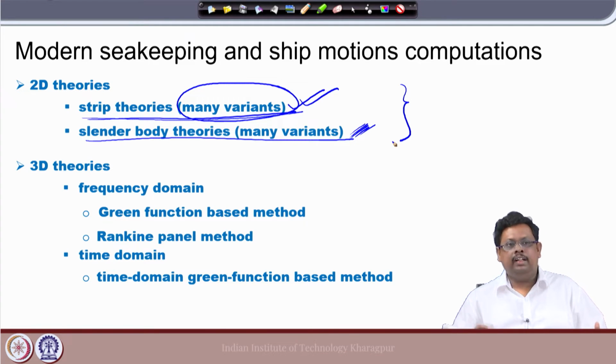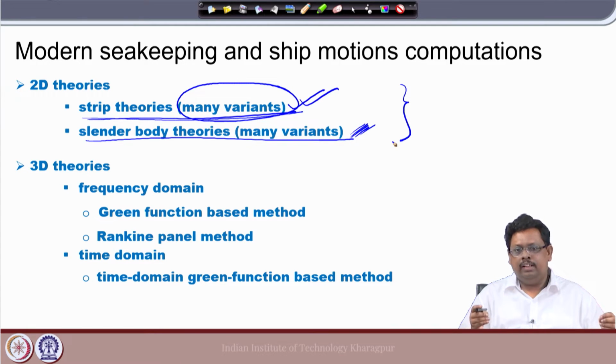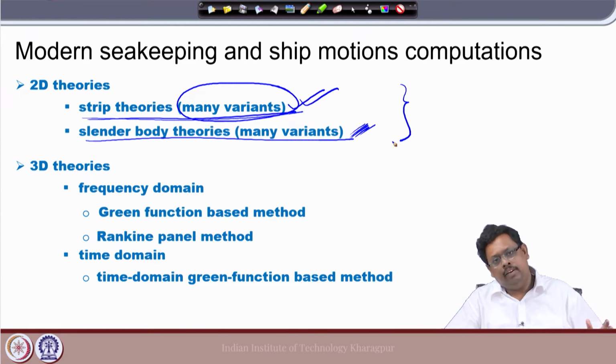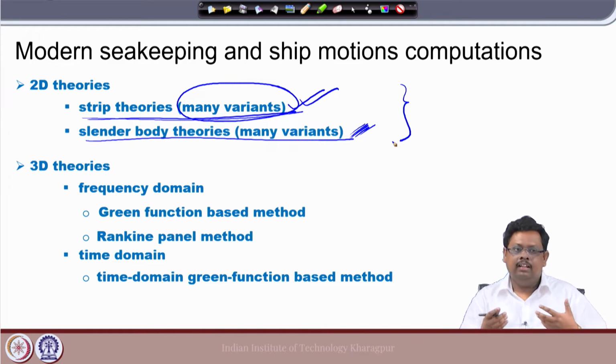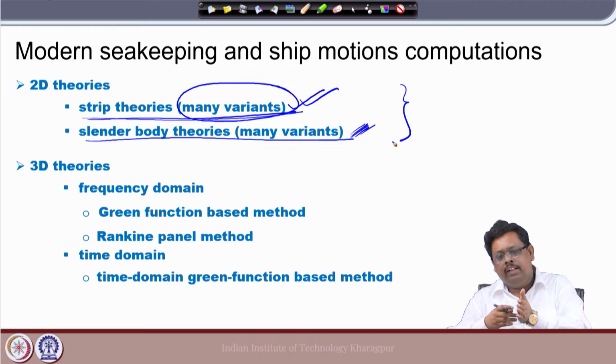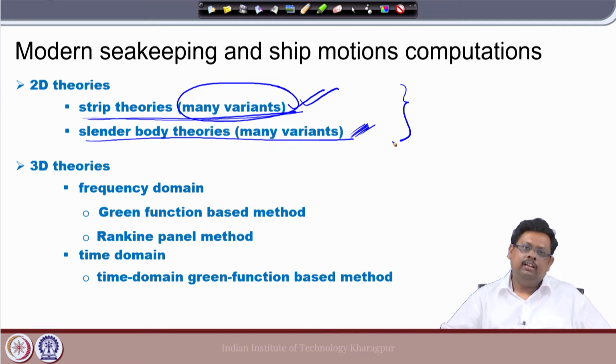It is not like that using strip theory you are only getting the added mass and damping for a strip. Of course, that is what we primarily do, but at the end we can combine all these two dimensional effects and get the three dimensional effect out of it. So, strictly speaking, calling it a two dimension theory may not be fully correct, but we are interested in getting the two dimensional property at a strip, and then from that property we find the overall effect for the three dimensional body.